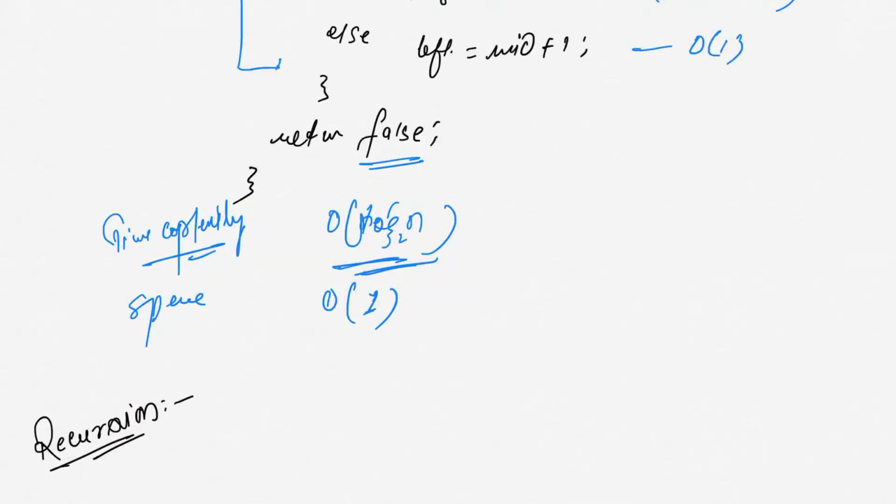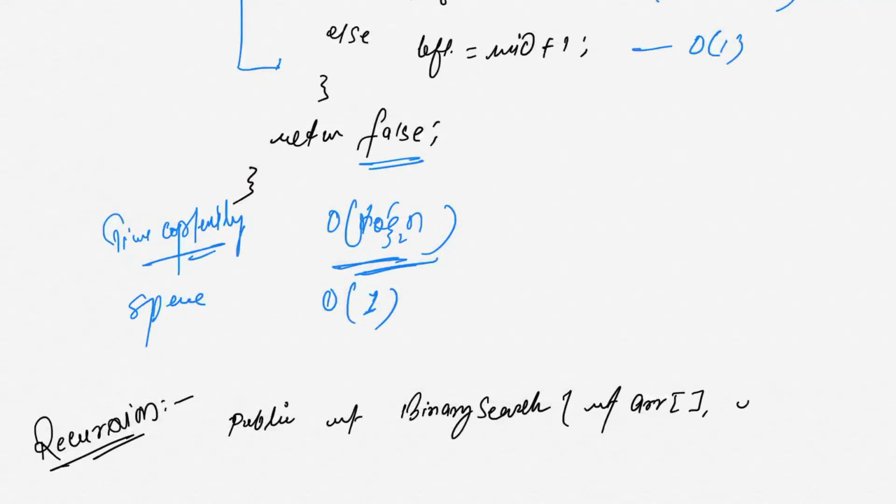Or this time let's try to return the integer, the index of the item. So public integer binarySearch, and we are going to pass an integer array and an integer key.